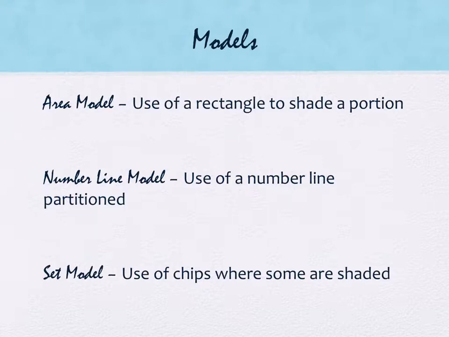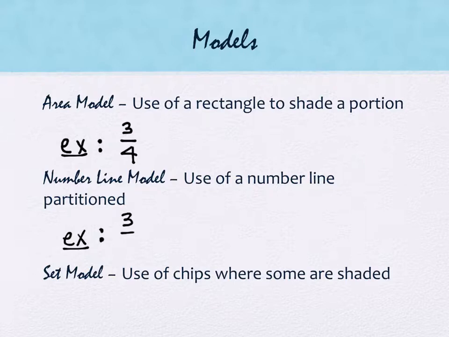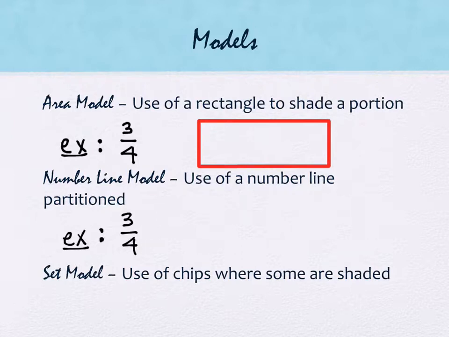The first one is called an area model, and it usually uses a rectangle. It could use a circle or something like that too, but we're going to do an example so that you can see an example of an area model. So we're going to use 3/4 as the example on all of these. I'm going to show you what it looks like as an area model, a number line model, and a set model.